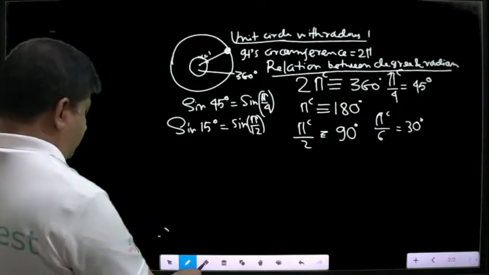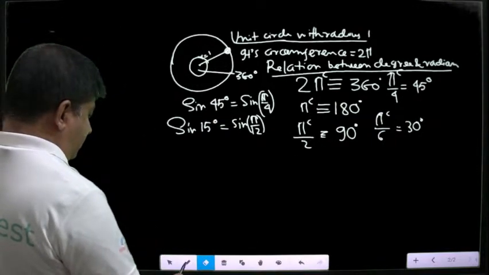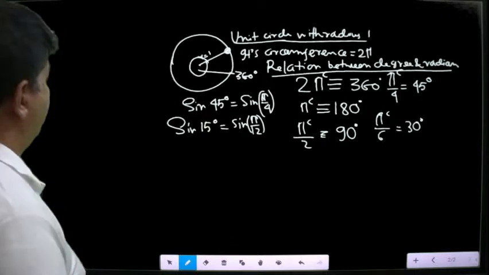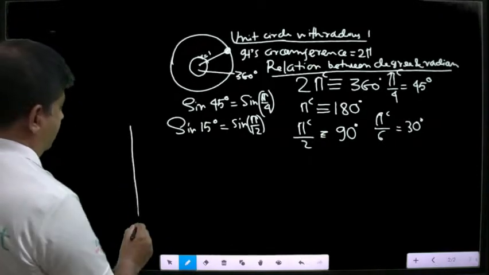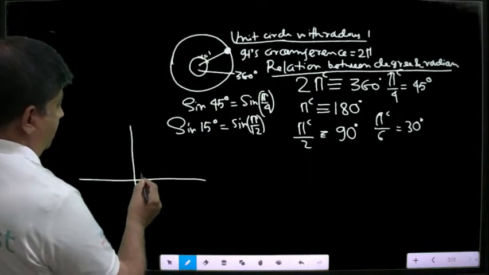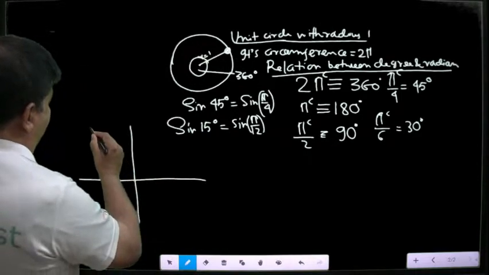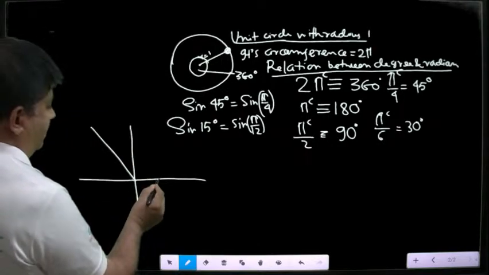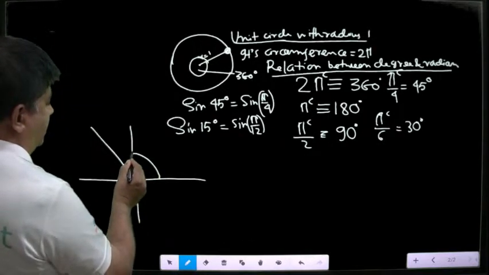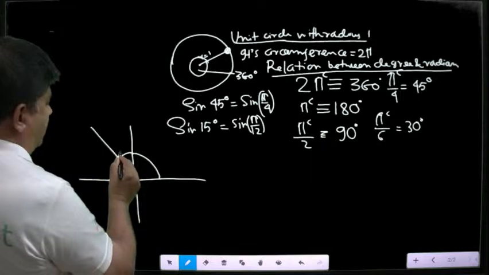Suppose one angle lies here. This angle is clearly visible. This is 90 degrees and this is theta.